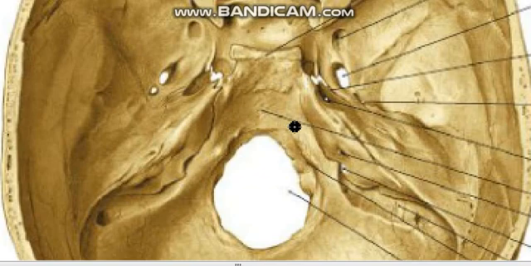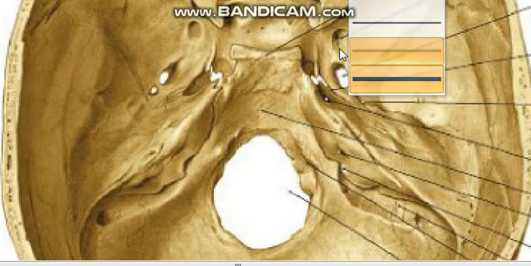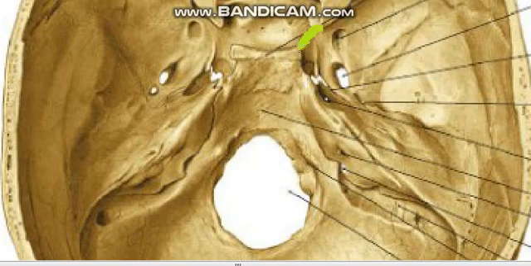And now that we have got this thing out of the way, we can focus on the rest of the posterior cranial fossa. Coming back to the midline, you can see the posterior clinoid process, the dorsum sellae. And you already know that from the posterior clinoid process to the anterior clinoid process you have the interclinoid ligament, and from this petrosal process on the dorsum sellae to the apex of the petrous temporal you have the petrosphenoid ligament.